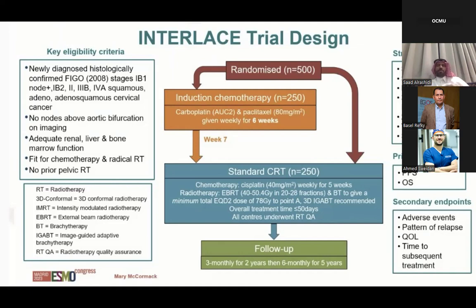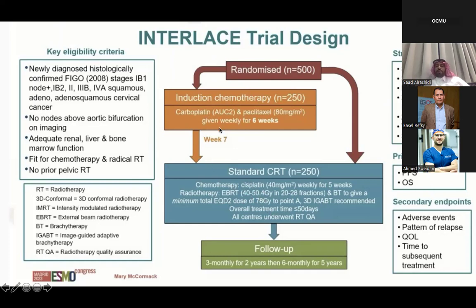There are some nodes involved, but not extensive disease, not the actual very locally advanced disease. So it's not a huge disease with PA nodes or hydronephrosis, etc. It's a little bit of limited disease. Again, it started a long time ago. The radiation was not the best, and the brachytherapy delivered here was also not the best. So that's the con of this trial.